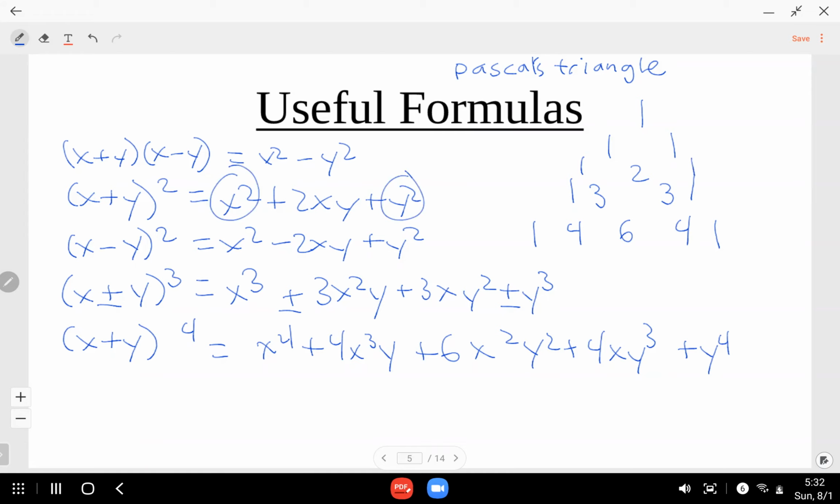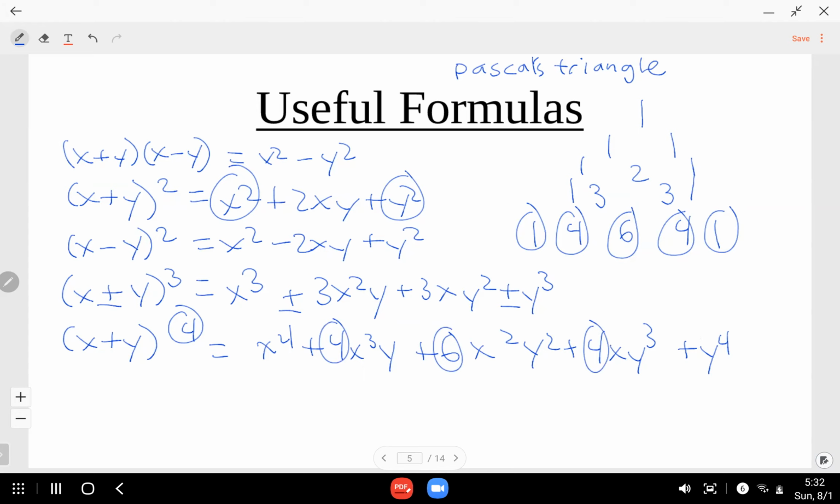What about cubed? The third level, you have 1, which is just x cubed, and then you have 3x squared y plus 3xy squared plus 1 again, which is y cubed. See a pattern here. And then (x + y)^4 is going to be x to the fourth, which is just 1, then 4, 6, 4, 1.